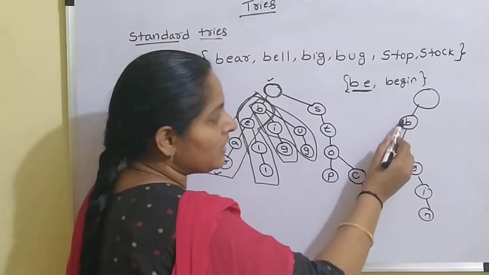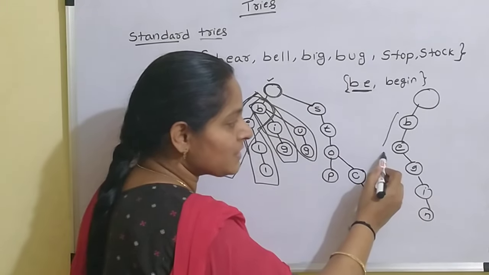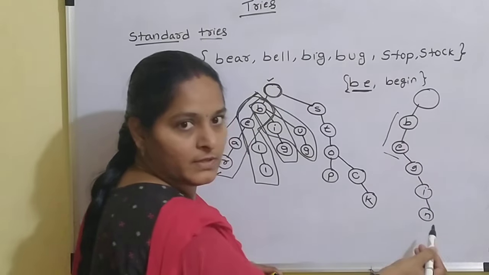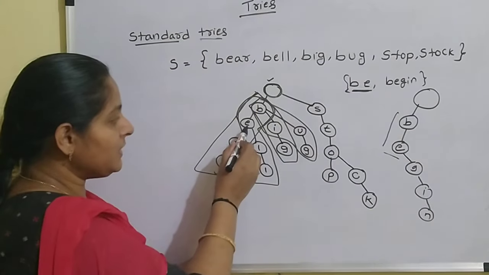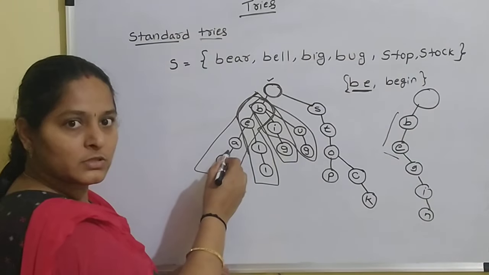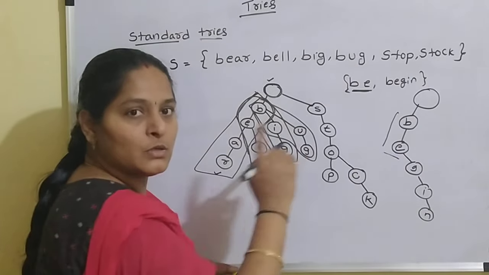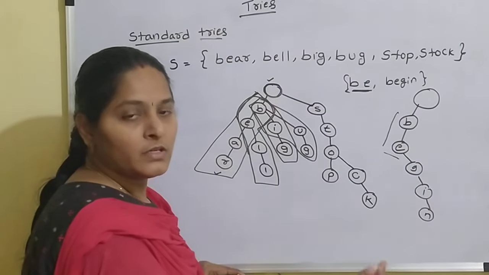So here BE is one word. Here the leaf node is E, but this node we are using for another word. Okay, so in this example, after E we have two more nodes. So this is allowed, but this is not allowed. So one complete word should not be the prefix for a second word.